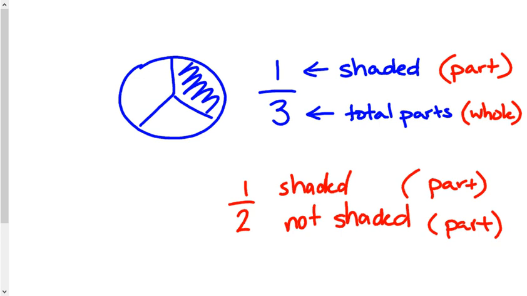So some ratios are fractions, but not all ratios are fractions, because part-to-part ratios are not fractions, because neither of the parts is the whole. So that maybe helps you understand a little bit the difference between a part-to-part and a part-to-whole, and also this connection to fractions. There is a connection with fractions, but I caution you to be really, really careful about that.